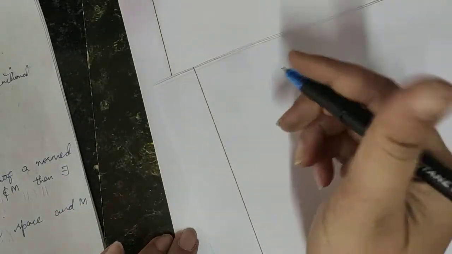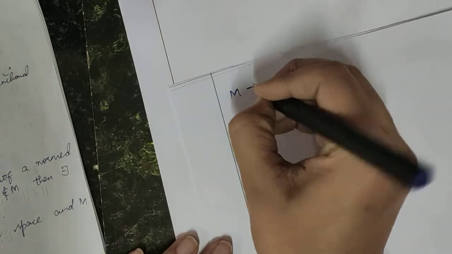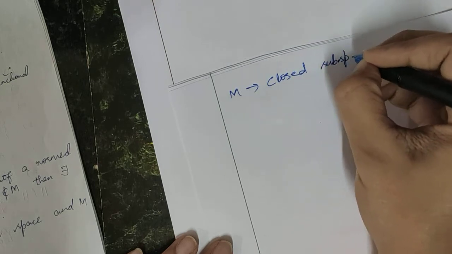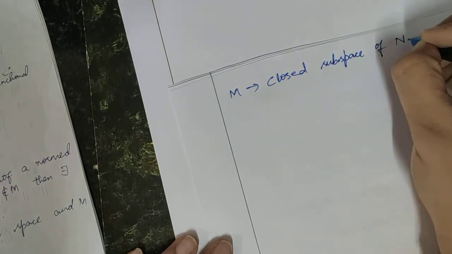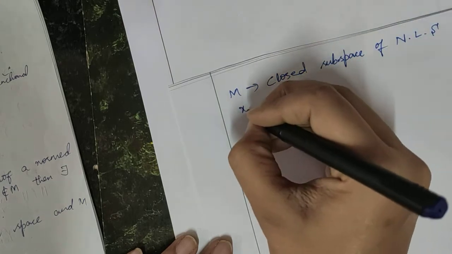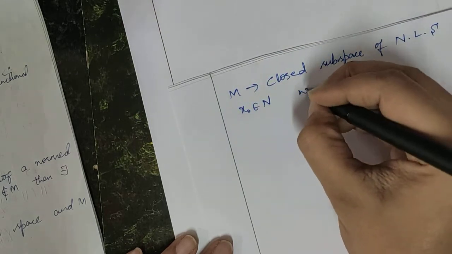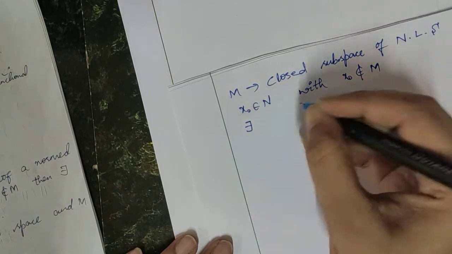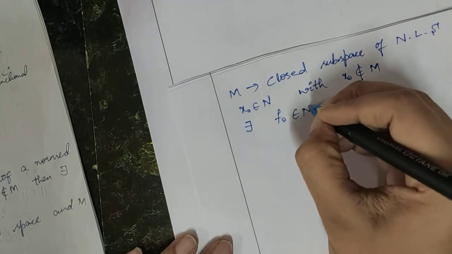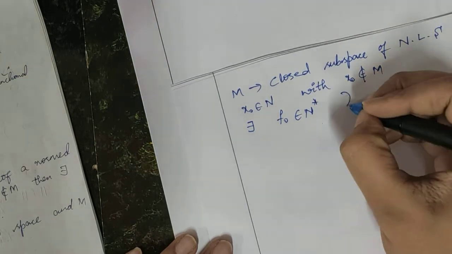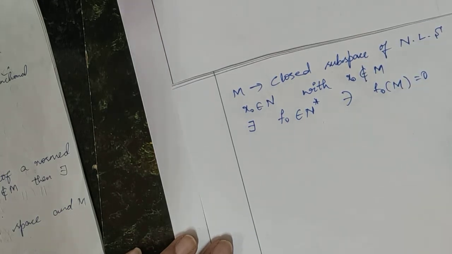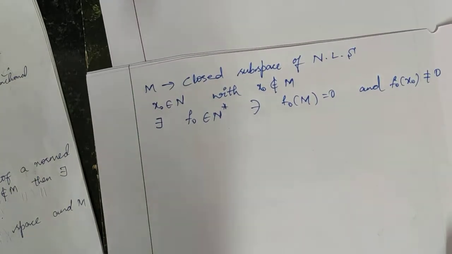So let's make a note of the given thing: M is a closed subspace of a normed linear space and x0 belongs to N with x0 not in M, then there exists a functional f0 in the conjugate space N star such that f0 of M is equal to 0 and f0 of x0 is not equal to 0. This is what is given.